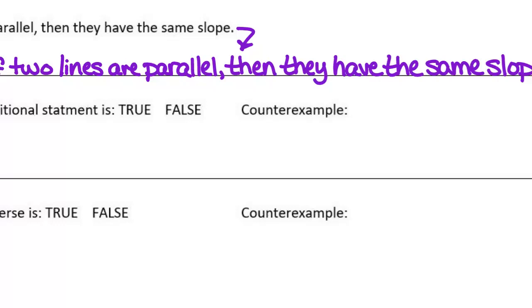What is slope? What did you learn in Algebra 1 about slope? What is slope?